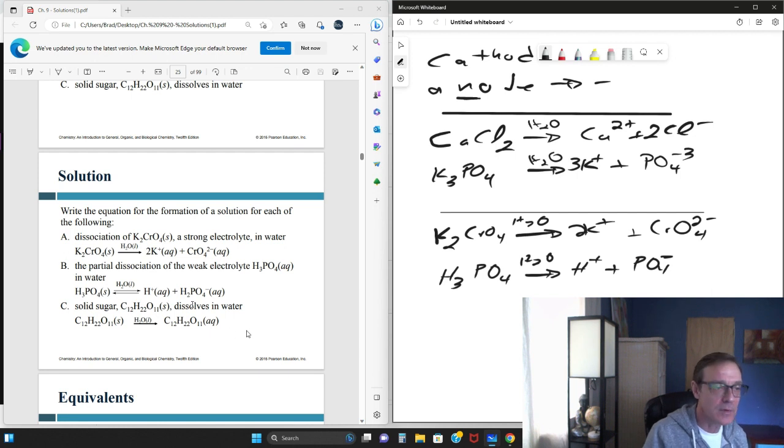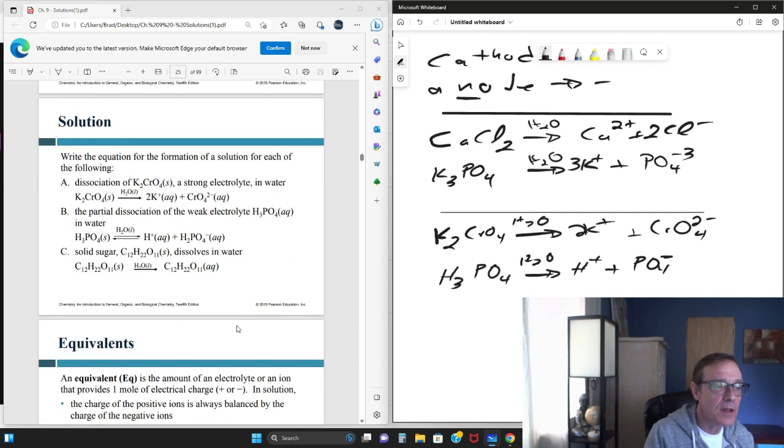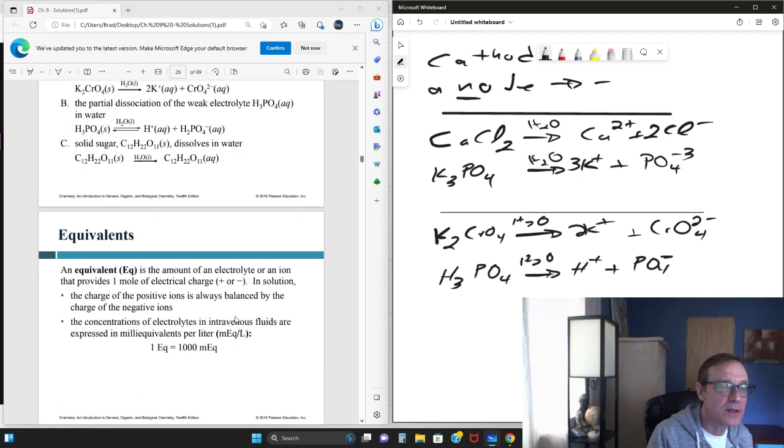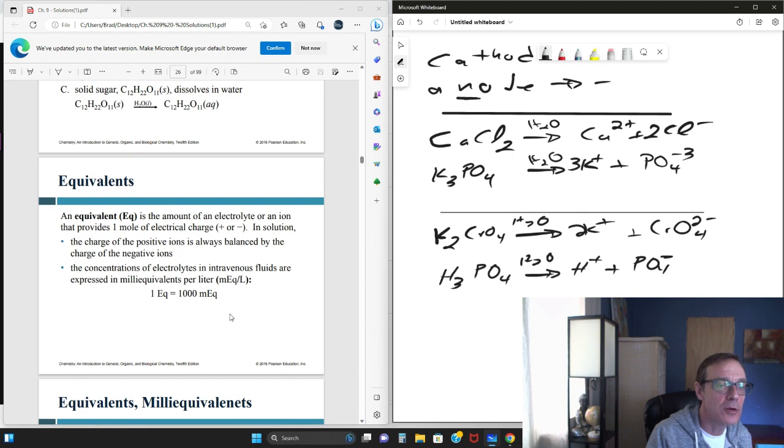None of the bonds are broken. The molecules get smaller, but they're still molecules of sucrose. None of those bonds are broken in water because it is a nonpolar molecule being dissolved in a polar one.